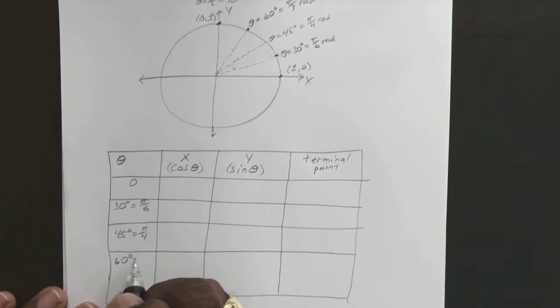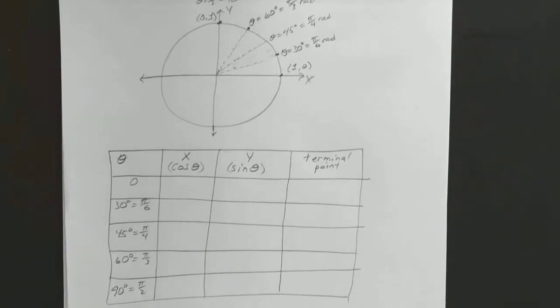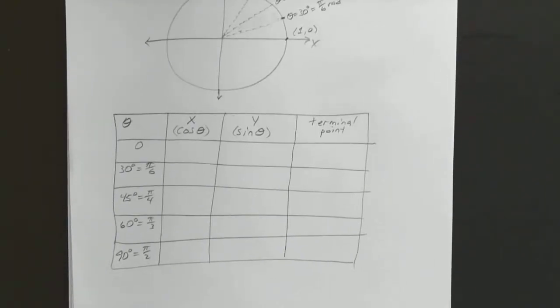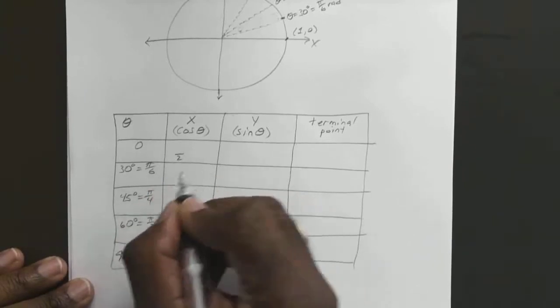We're going to have 60 degrees, which is pi over 3 radians. And we're going to have 90 degrees, which is pi over 2. We'll bring that up a little bit. Okay, so all of these are going to be over 2.